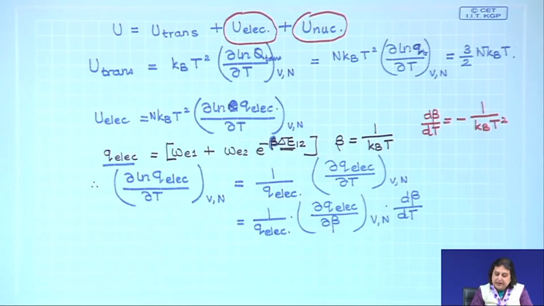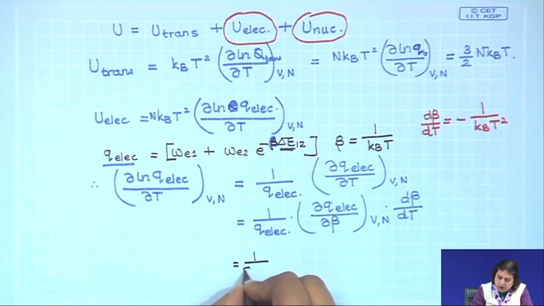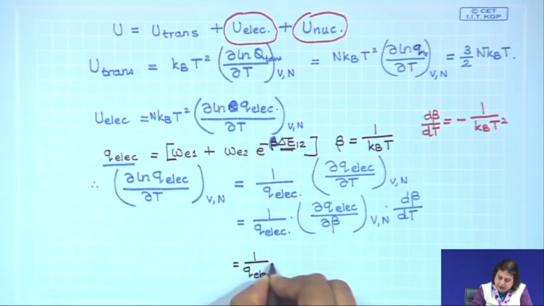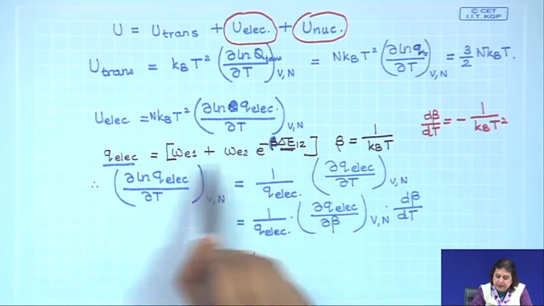And now, what is del q electronic del beta? That can be easily figured out from this expression. So, if I put this back, what I have is 1 by q electronic multiplied by the del beta of this term.